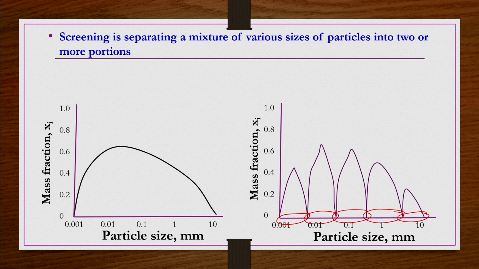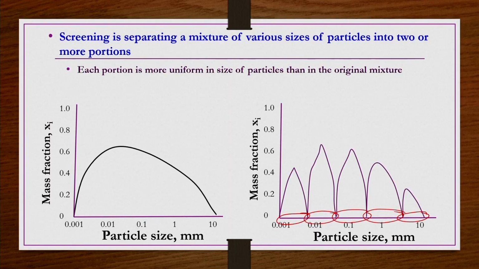What we have done by using this screening is separate the particles into several fractions, and each fraction now has a very narrow particle size distribution, so that you can assign one single average size to that fraction.